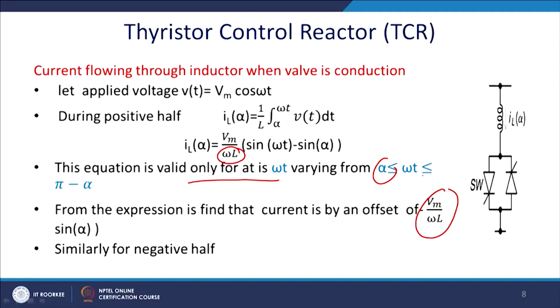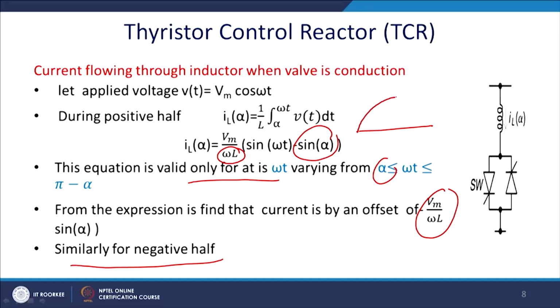From this expression we can find that there is an offset current, that value is minus Vm sin alpha, because there will be a term associated with it. If alpha equals 90 degrees, then basically this will be 0. Similarly it follows from the negative half. Thus, this value basically gives a shift across the x axis.